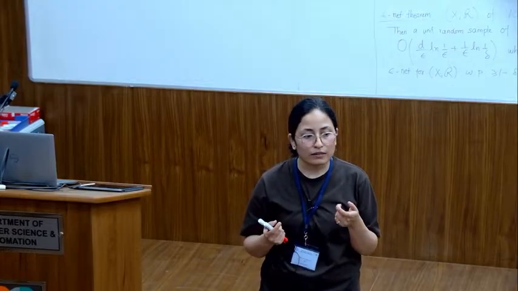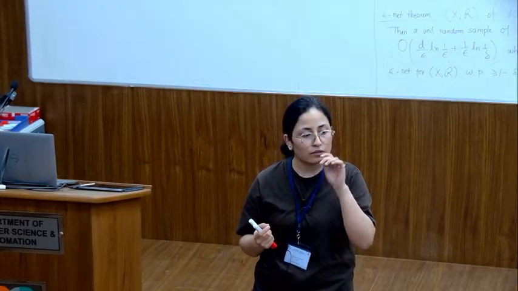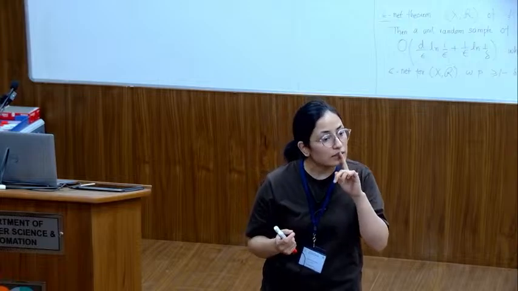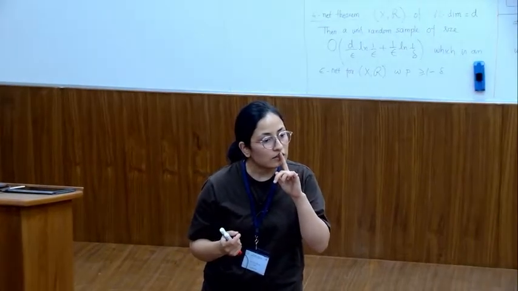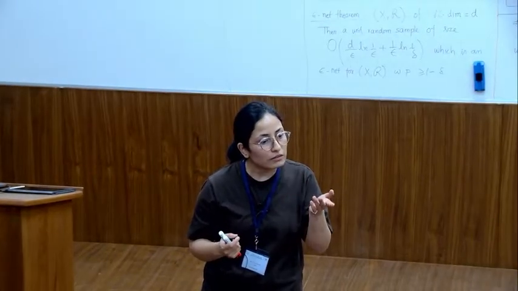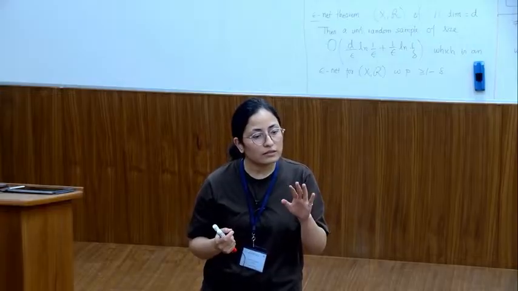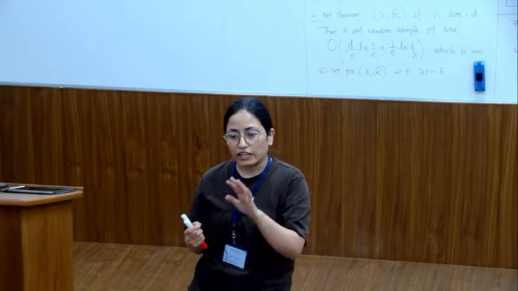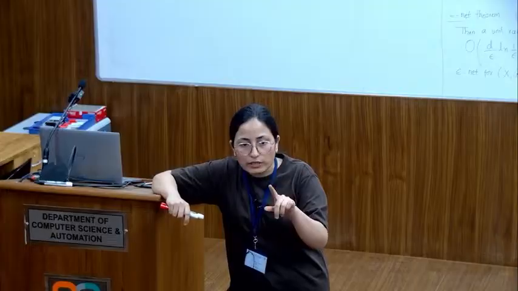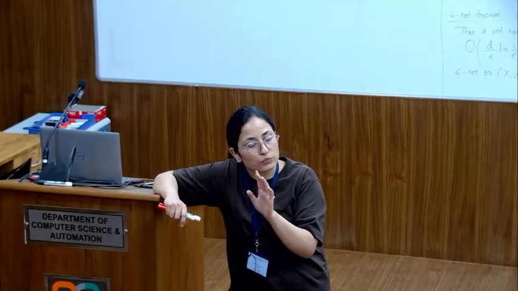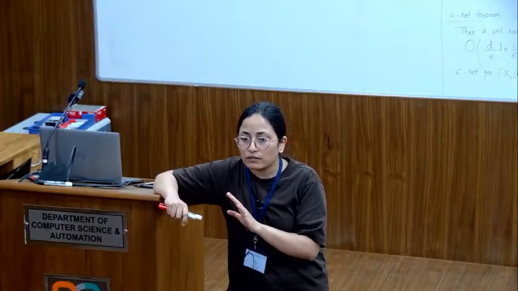Otherwise it would already be a hitting set. So the claim is, if I look at any iteration, there is at least one point in this set whose weight will definitely get doubled. Why is this true?